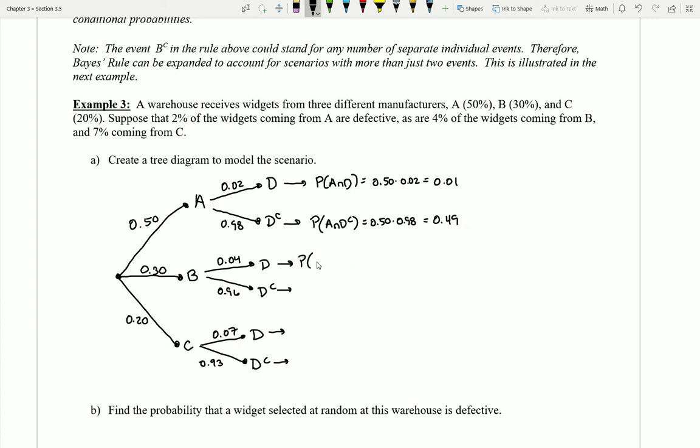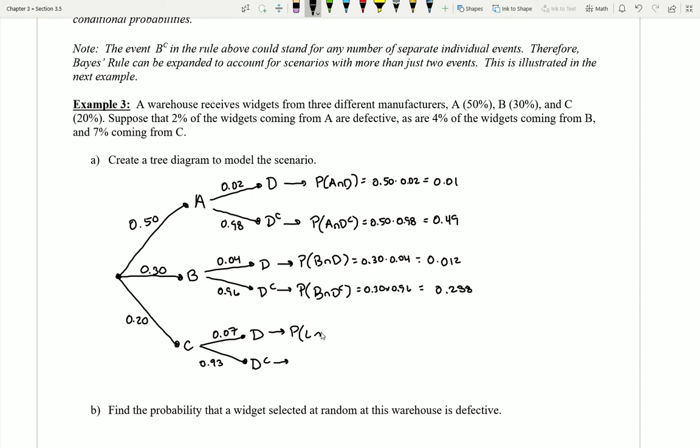I'm going to do this all the way down to fully build out my tree diagram here. So probability of B and D, it's 0.30 times 0.04. So this is going to come out as 0.012. Probability of B and D complement, that's 0.30 times 0.96. I have that as 0.288.